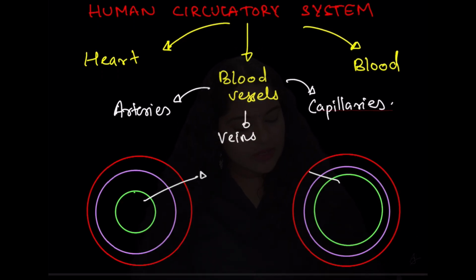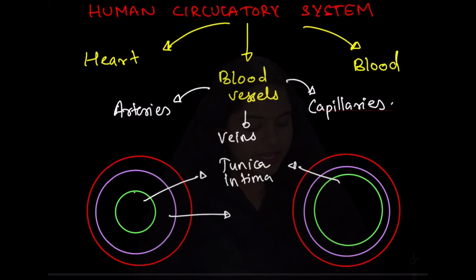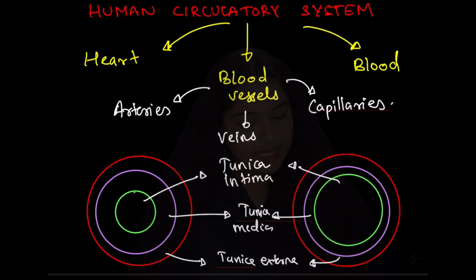The inner layer is called the tunica intima. The middle layer is called the tunica media. And the outer layer is called the tunica externa. The tunica externa is made up of collagen fibers.